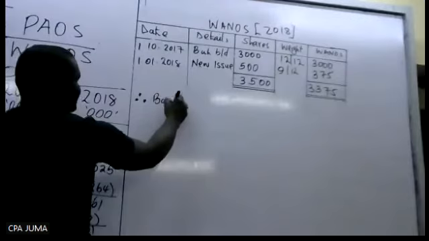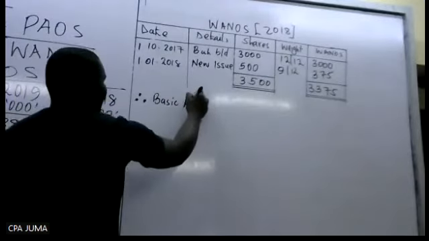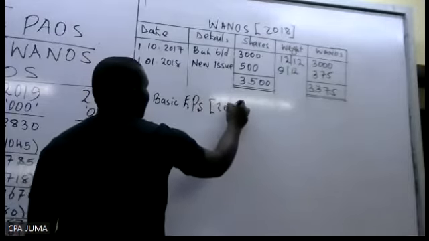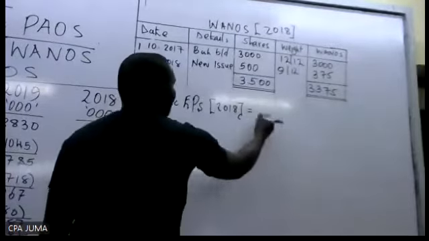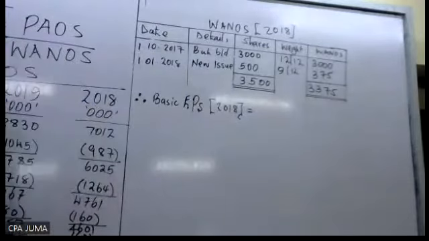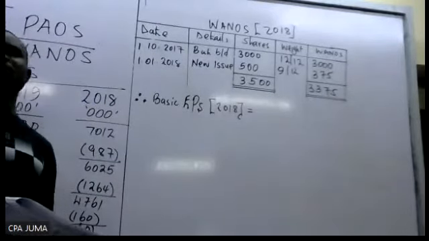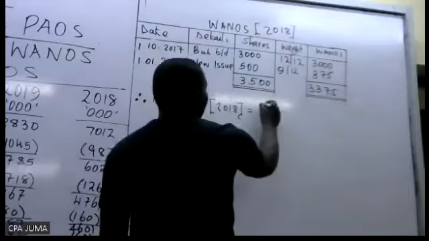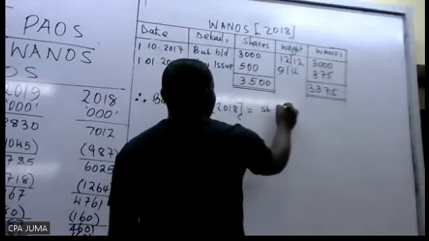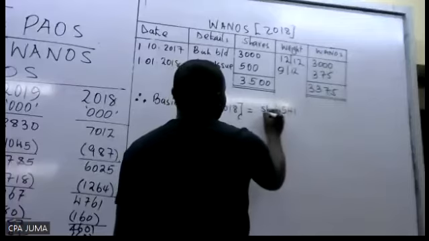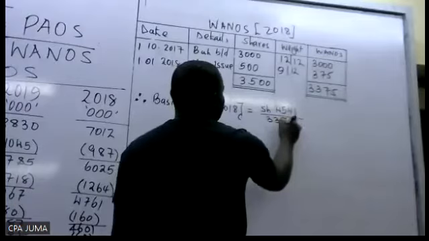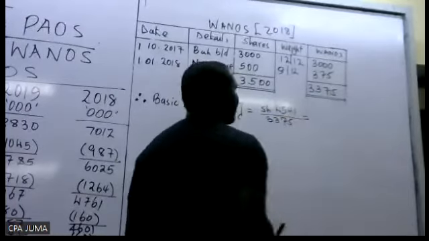So therefore, basic EPS 2018 will be, you check the profit which we computed. Profit 2018 was 4,541. Divide by 3,375.